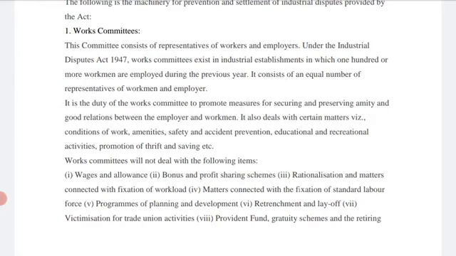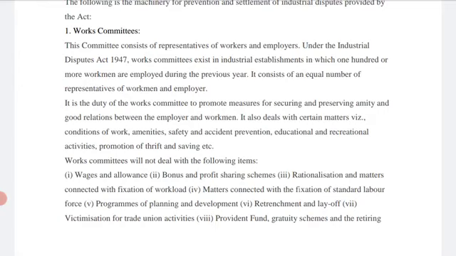Then safety and accident prevention measures, and some recreational activities, are they provided or not?